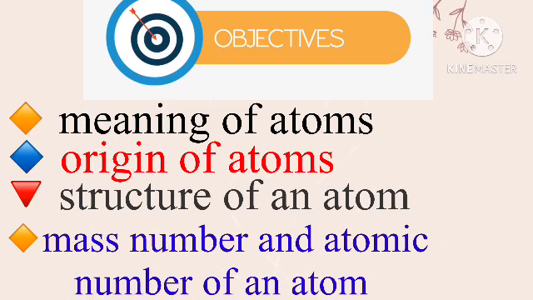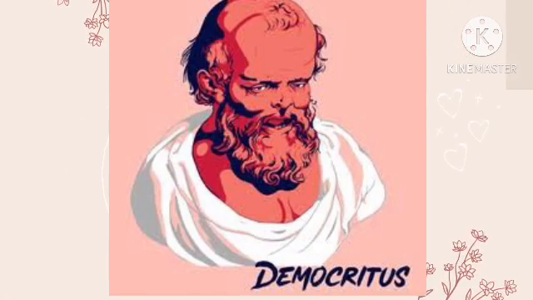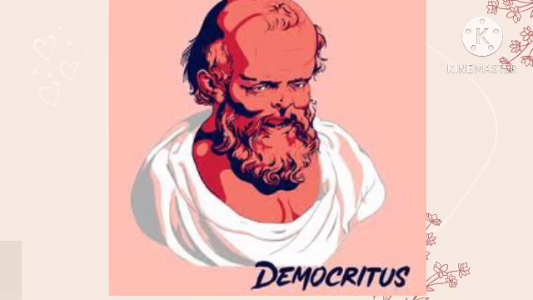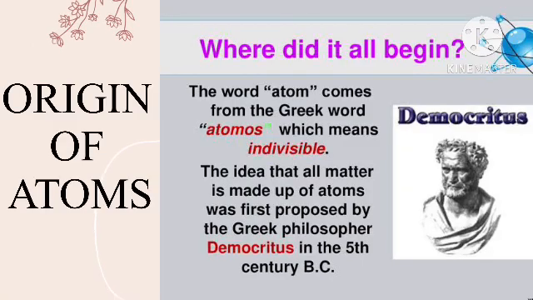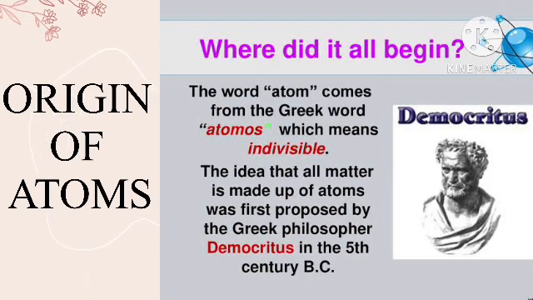Let's get started. A long time ago, there lived a man called Democritus. He was a Greek philosopher. He explained in his theory that all matter is reducible to small particles called atomos.